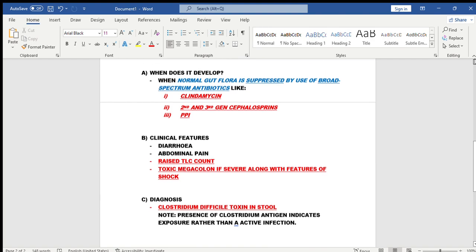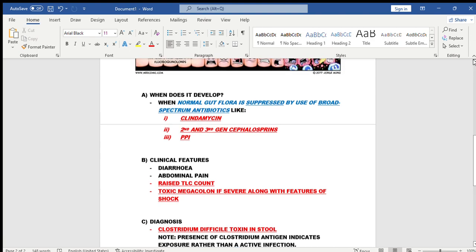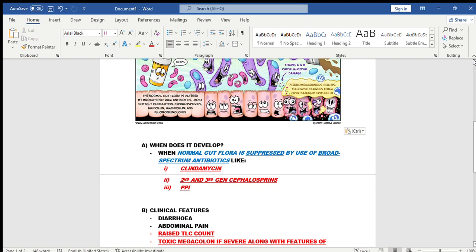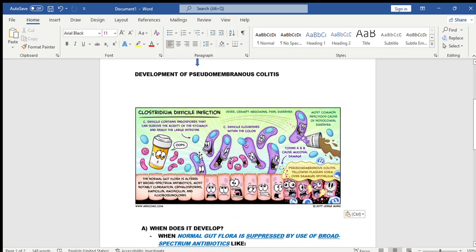And if clinical features are asked, look for abdominal crampy pain with diarrhea, raised TLC counts, and features of toxicity. Common antibiotics: clindamycin, second and third generation cephalosporins, and PPIs. You can just look at that picture to help you remember things in a better way: the evil Clostridium difficile causing all the damage, leading to pseudomembranous colitis.